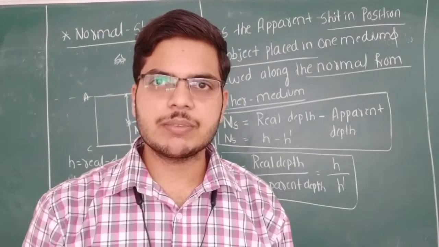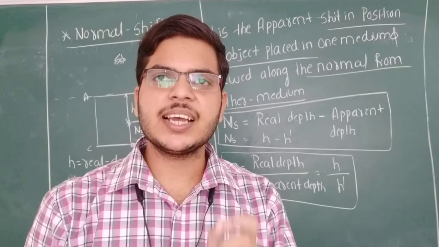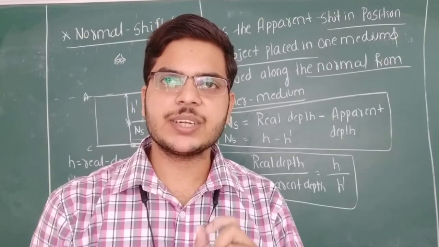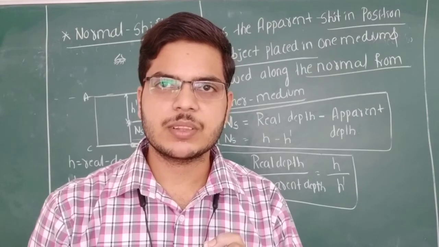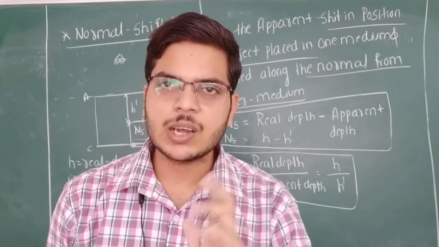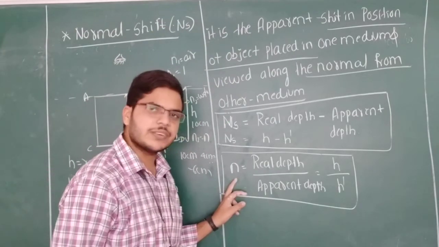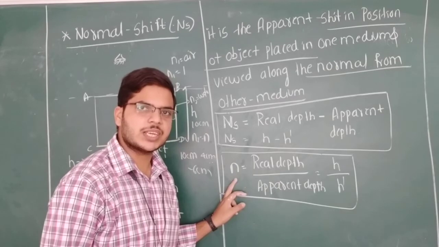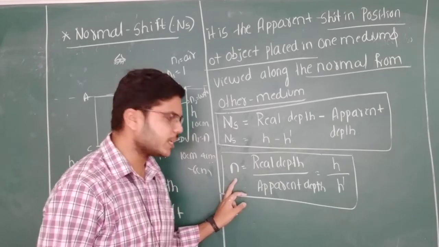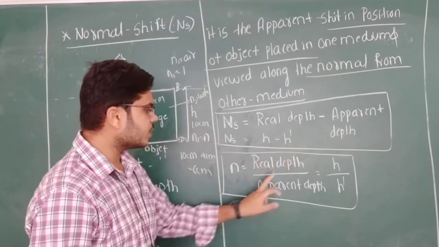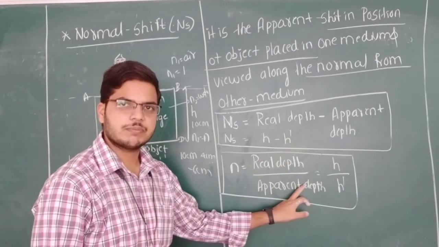By measuring the real depth and the apparent depth, we can find the refractive index of the denser medium where you are keeping the object. Therefore, the refractive index of the denser medium where the object is placed is the ratio of the real depth to the apparent depth.